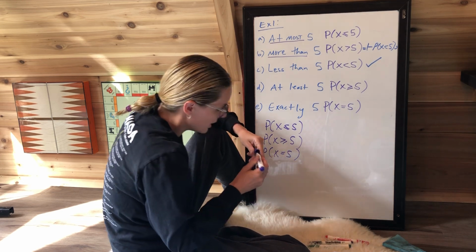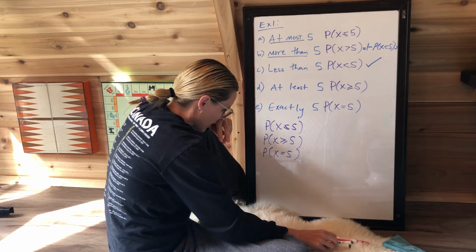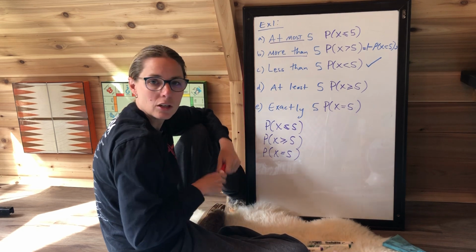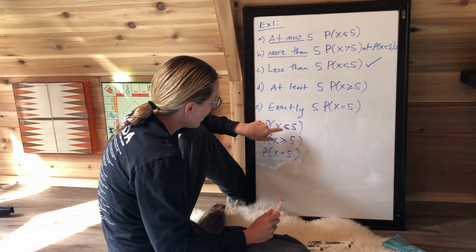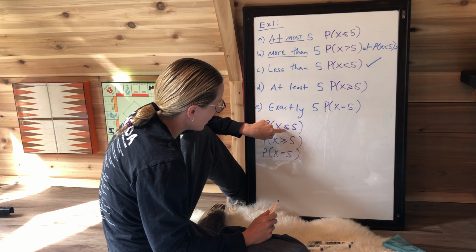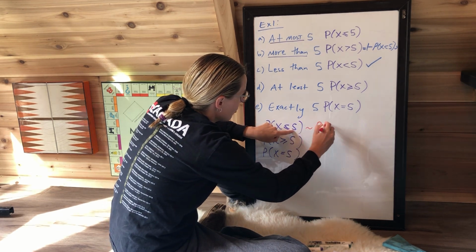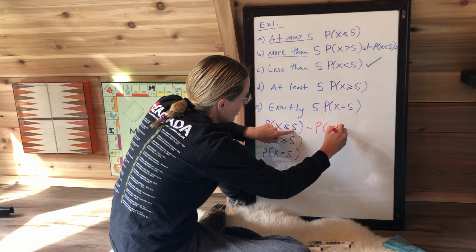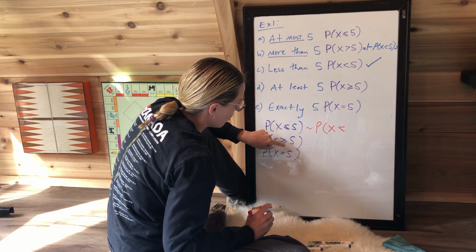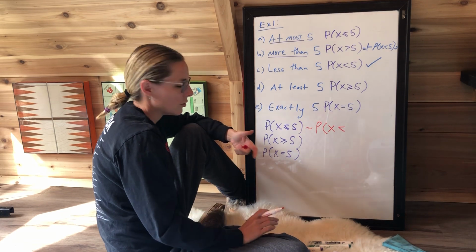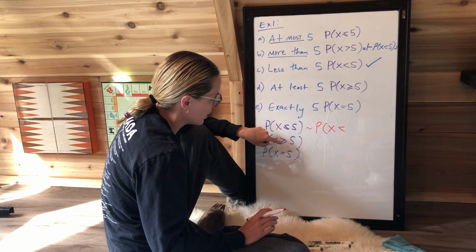Well, what you have to do here is do a conversion that we call a continuity correction. So if it has to be less than or equal to 5, we still must include 5. So this is approximately equivalent to, we want to change all the symbols to get rid of the equal part. Okay, so it either has to be less than or greater than, but we want to get rid of the equal to.